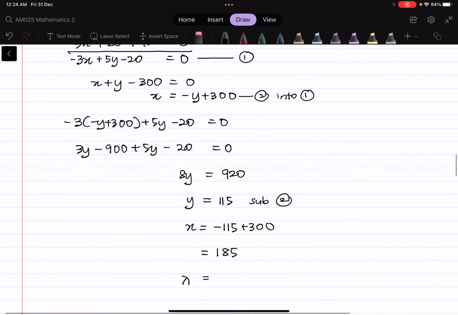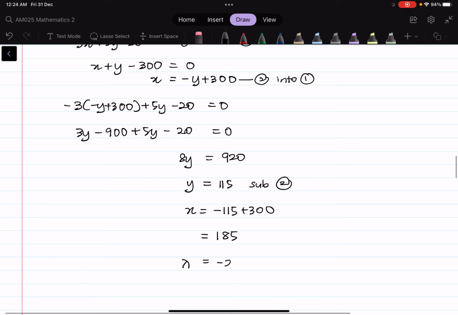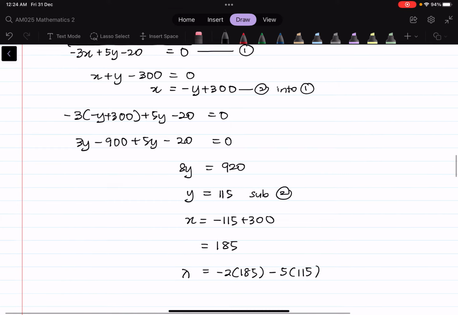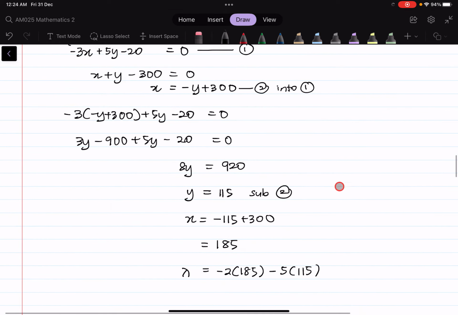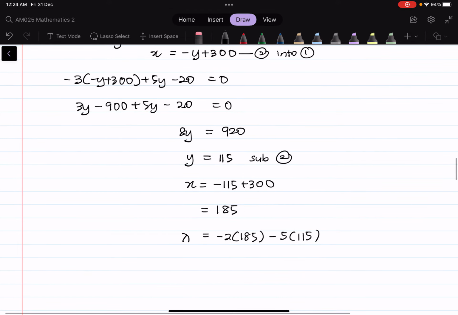We get negative 2 times 185 minus 5 times 115. I bring the 2x plus 5y to the right hand side, that's why it becomes negative here. Negative 2x minus 5y, so our lambda is negative 945.